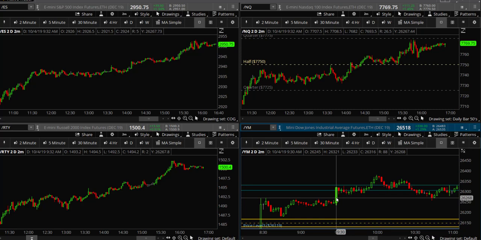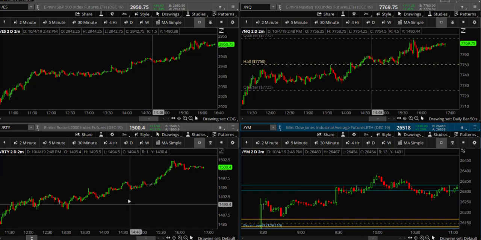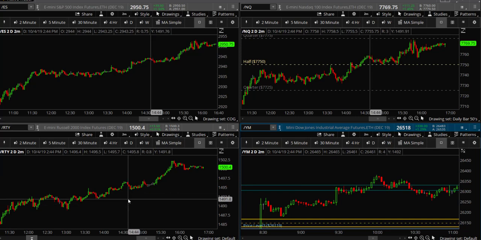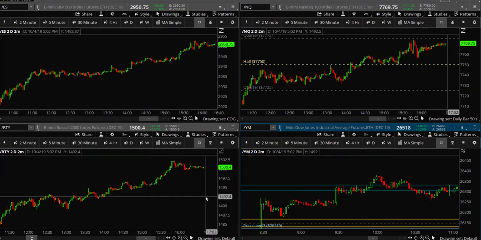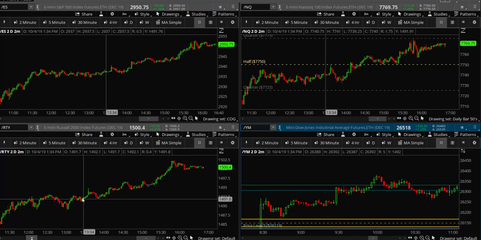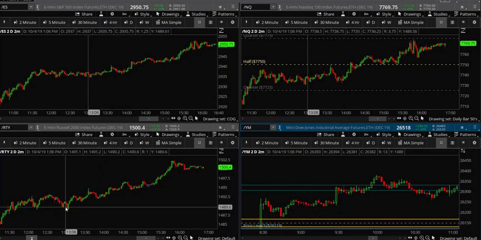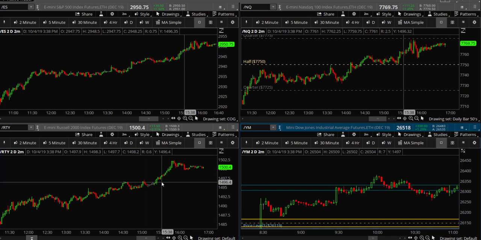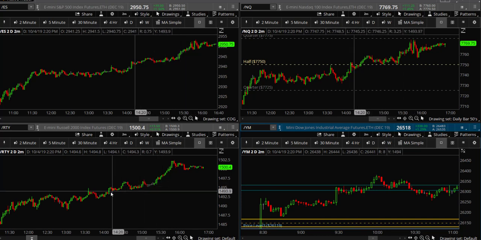More often than not, when the Russell is the one leading the way, I've been watching it lead us lower. When I demonstrated to you that the Russell had failed to break out at that level, let's find that level again right here.